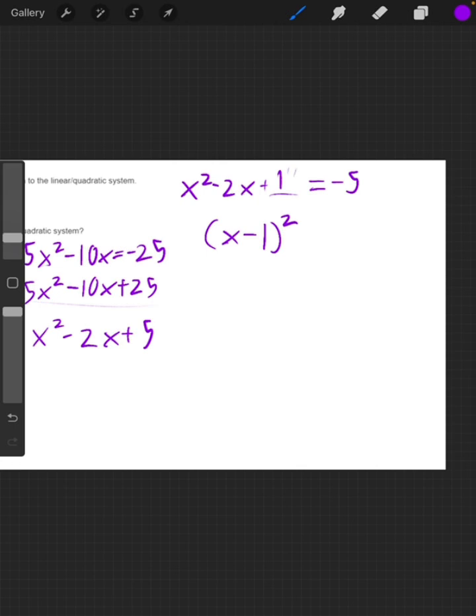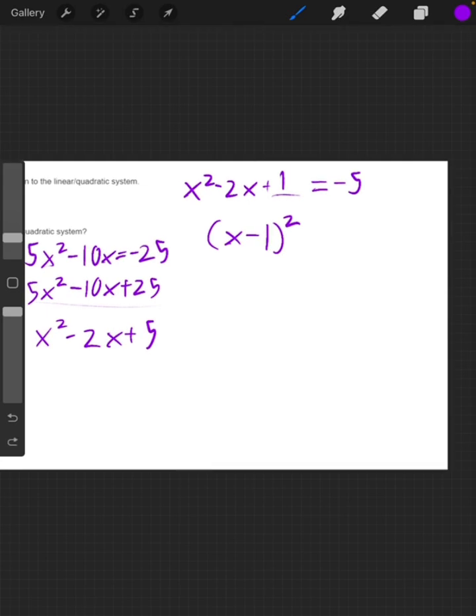Because the factors of 1 are negative 1 times negative 1, we get a positive 1, and negative 1 minus 1 would get us negative 2. Okay, and that's equal to... Alright, I forgot to add the 1 here. So that's equal to negative 4.